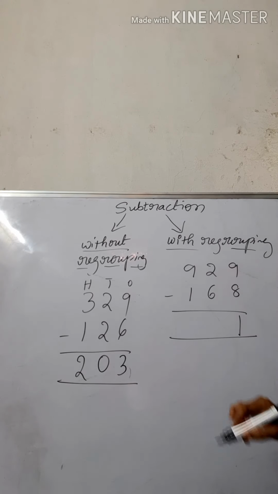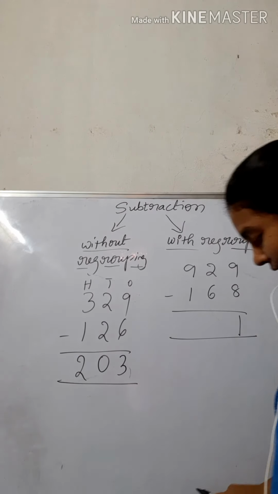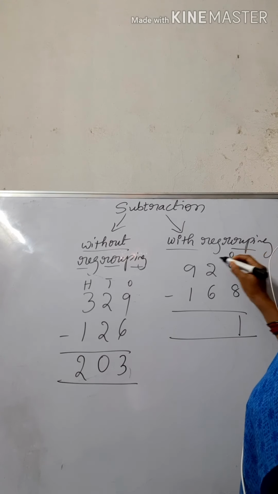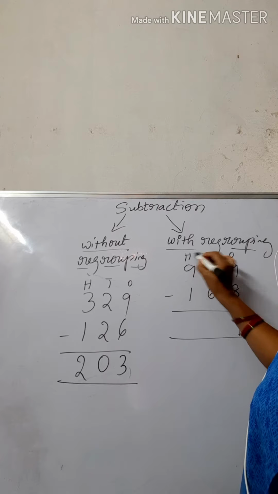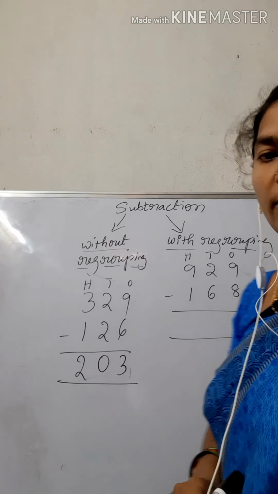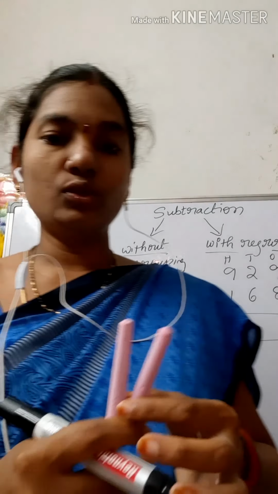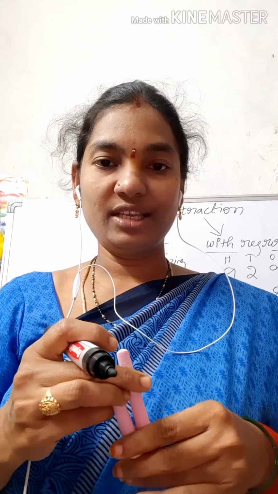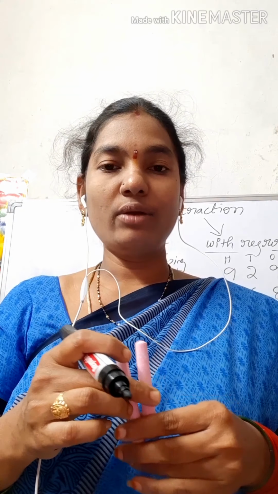Here 2 minus 6, is it possible, children? Here I am showing you. See, before doing subtraction we have to write place values on top of the number, then you can get it easily. Here if you have 2 chalk pieces, how will you give 6 to others? Is it possible? No. So what do we have to do?